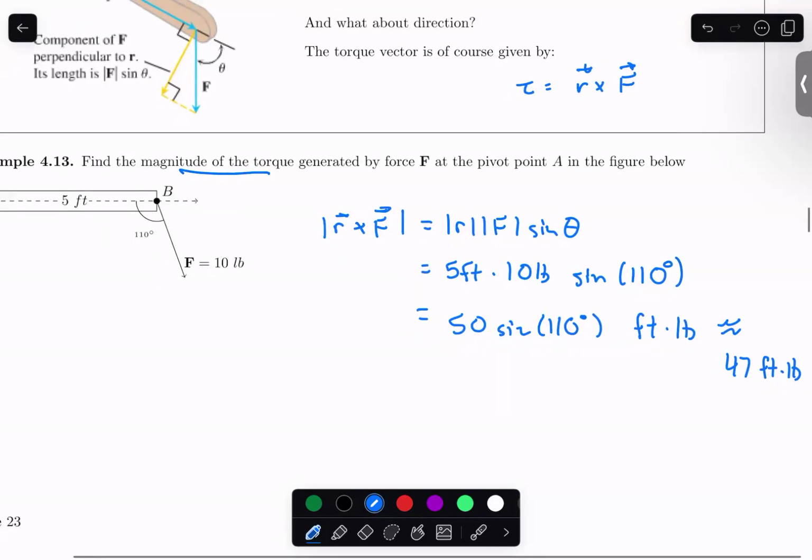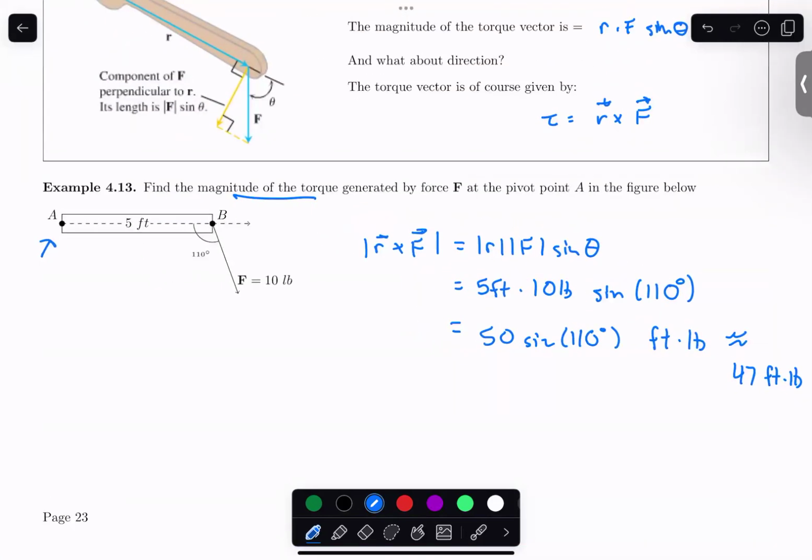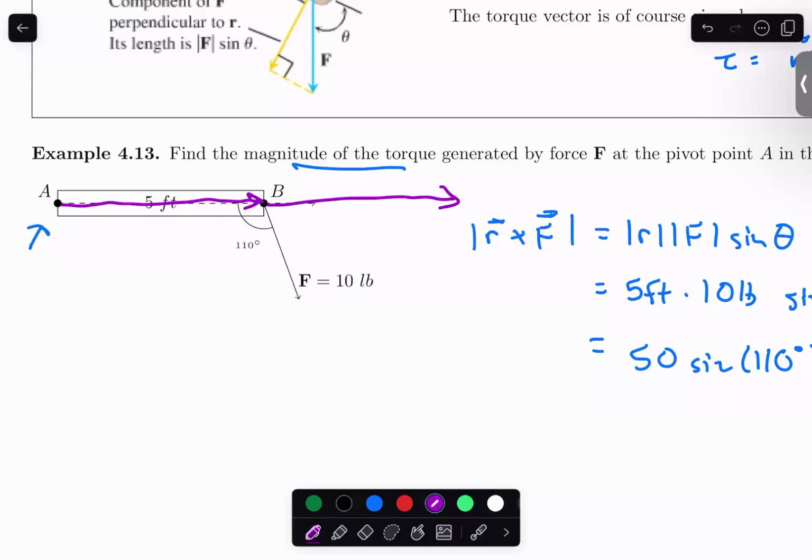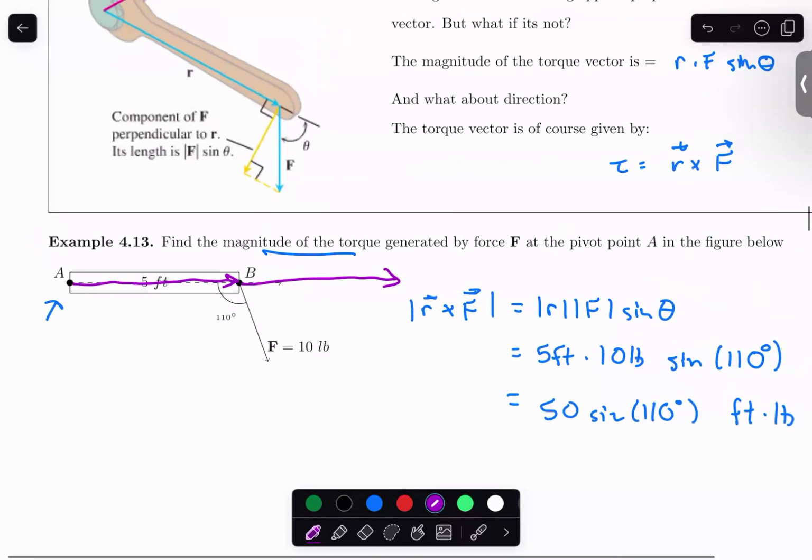A quick side note. If I was to truly draw R here, R is this radius vector coming from our pivot point to our end point here. And if I was to align these so that now both of our vectors have the same starting point, so if I was to pick up this R and move it over so that they both have the same starting point here, notice that in my picture here, my theta is actually this theta right here.